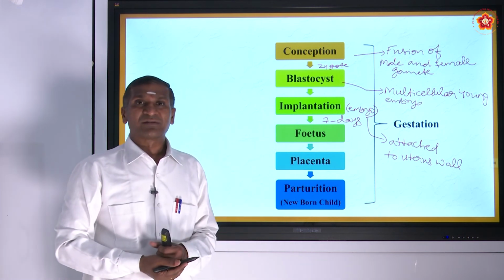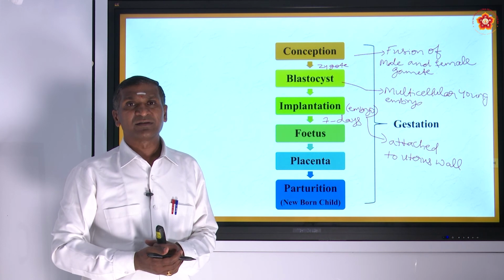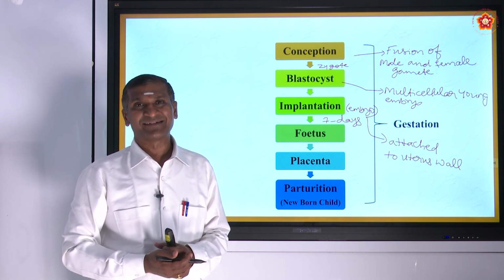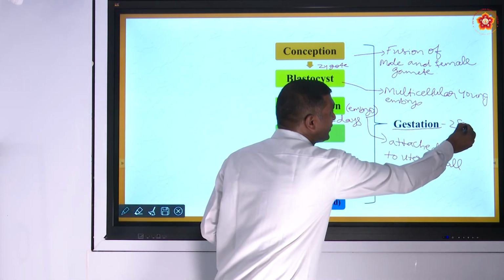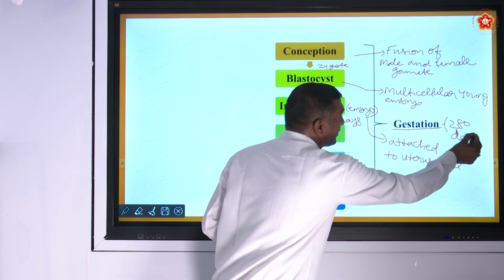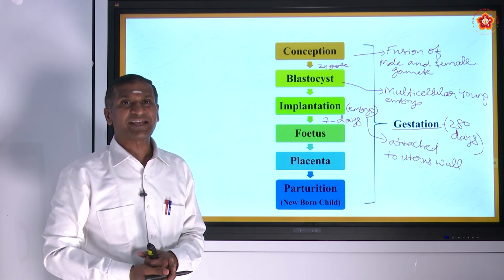The development of all the organs takes a duration of 280 days, which we call gestation, a period of 280 days.